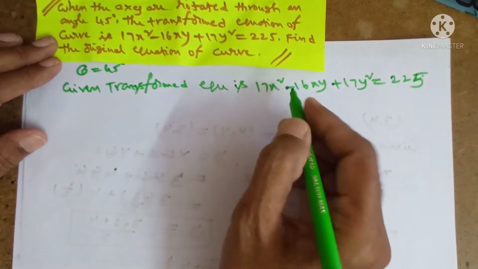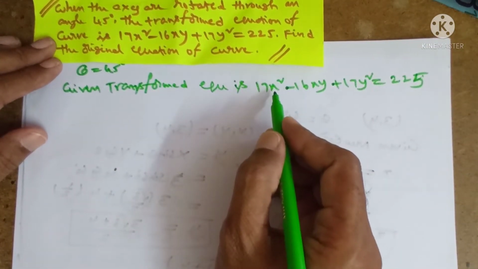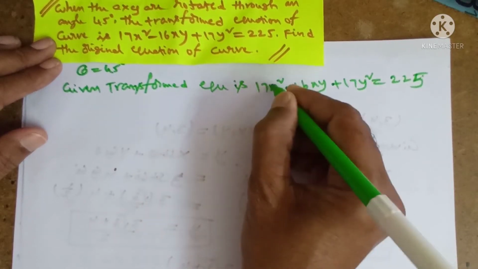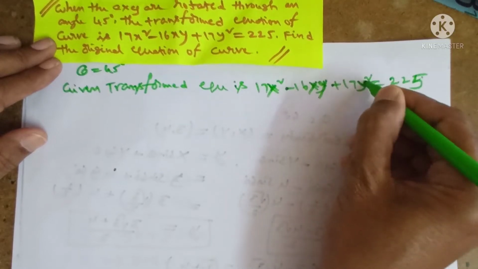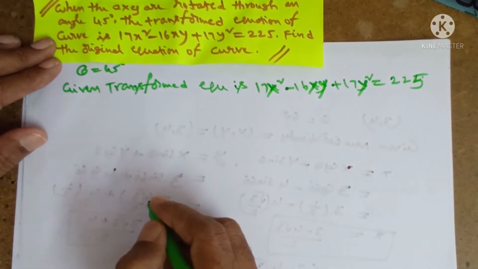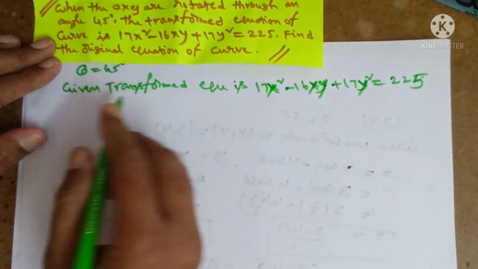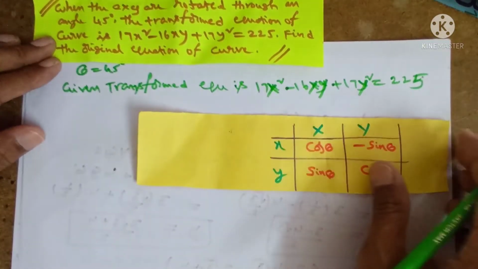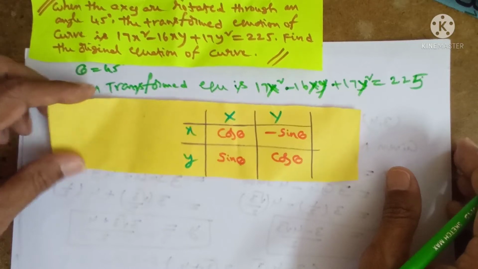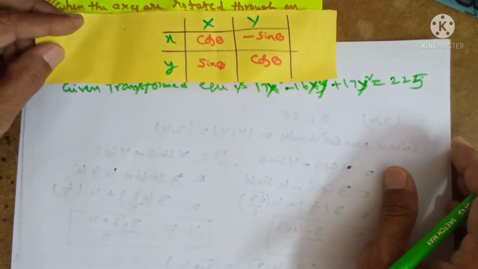Transformed means we have to write it in capital letters only. Write in capital letters. So capital X is equal to. So we have to learn the table. Remember this table first of all.